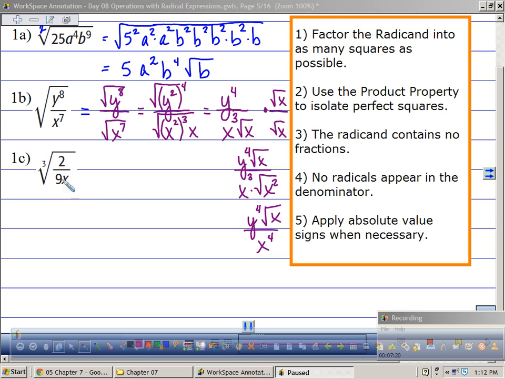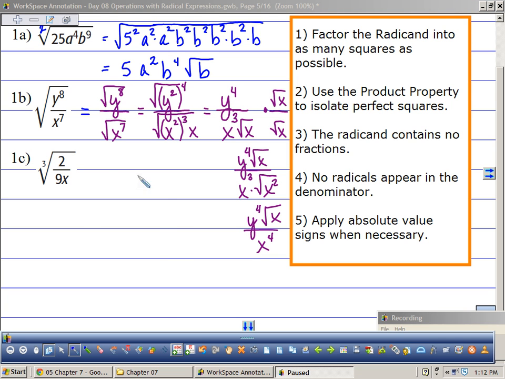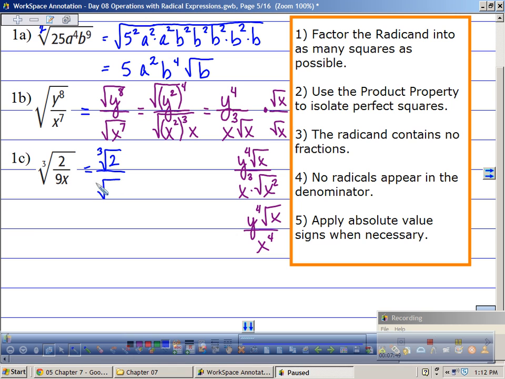I know they're not helping each other at all, so I'm just going to change my color again. I have the cubed root of 2 and the cubed root of, I'm going to change this to a 3, 3 squared times x. Are we with me so far? Can I simplify any of this? No. Therefore, I have to worry about the fact that there is a radical in the bottom.